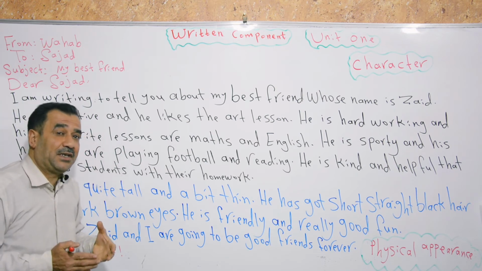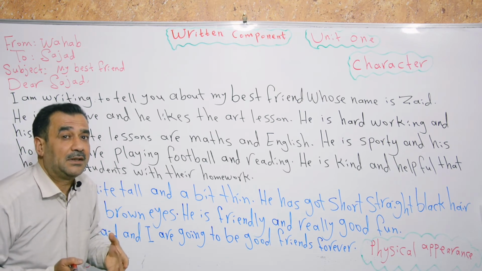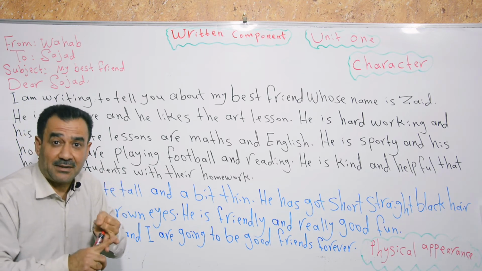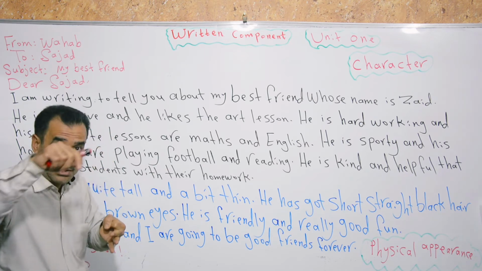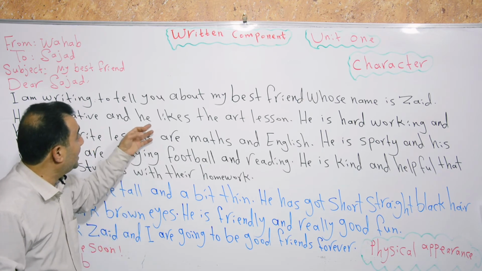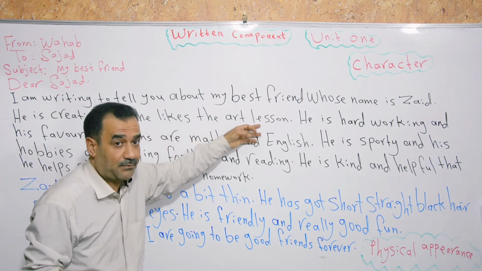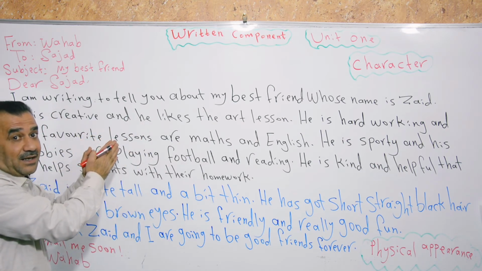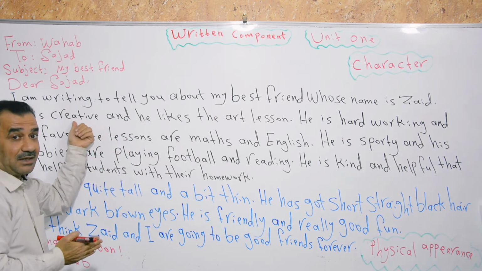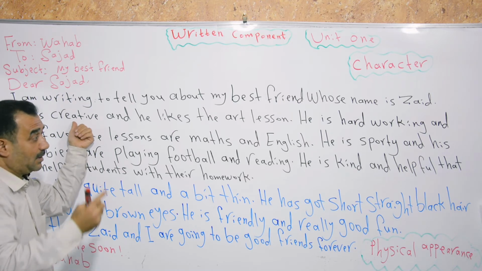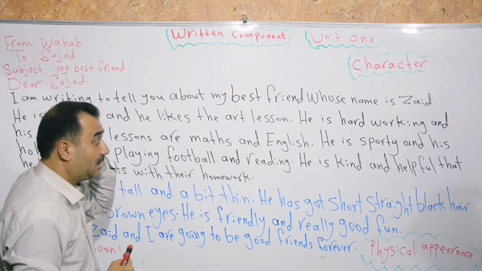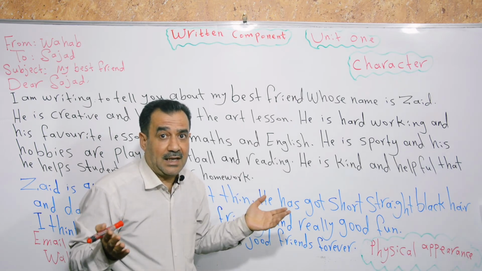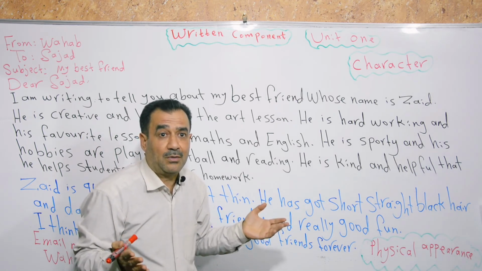When I say he is creative, he is good at what? He is good at arts. He is good at painting. He draws pictures, or he likes the art lesson. Here, this sentence tells us he is creative. Number one, this adjective.